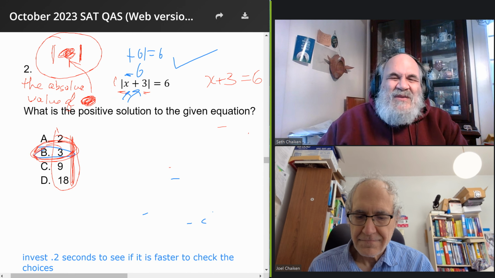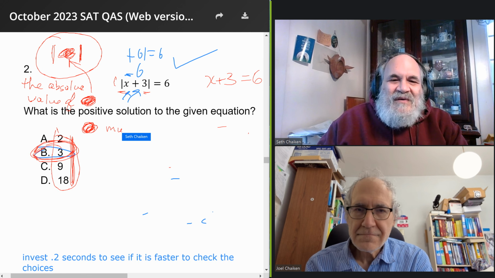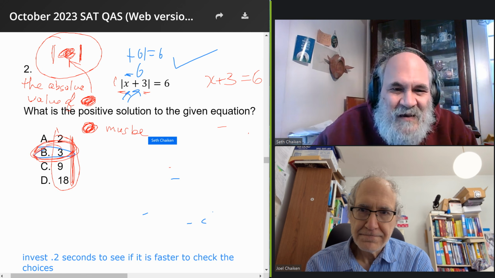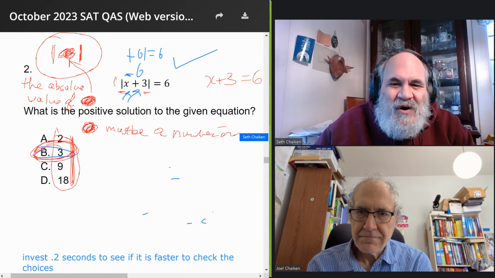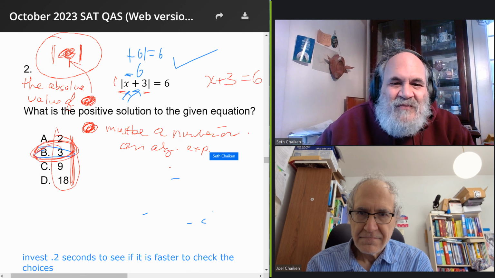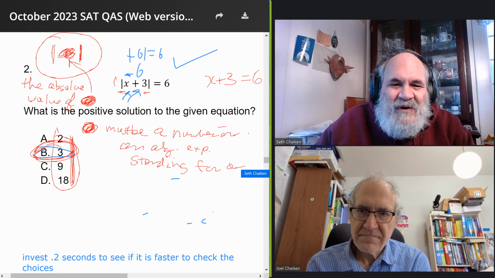Now, let me tell you what that means. For this to make sense, this must be an ordinary number or an algebraic expression standing for a number.